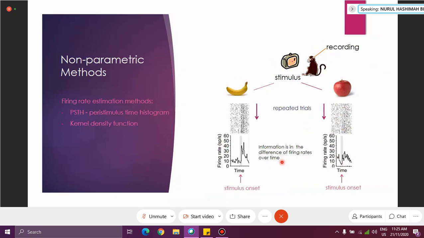So information is in the difference of firing rates over time. This graph will be the representation of the spikes for the stimulus onset, which means when the stimulus is active.